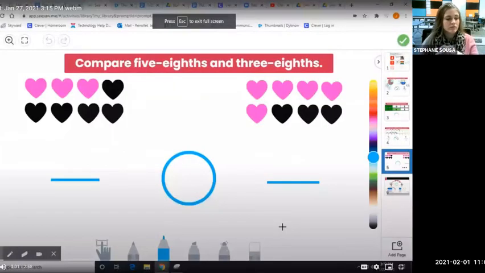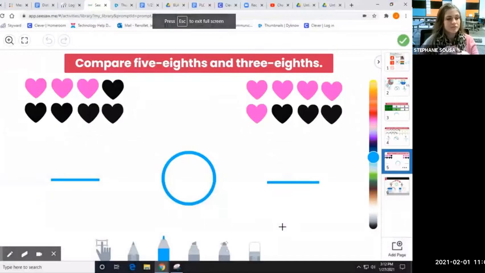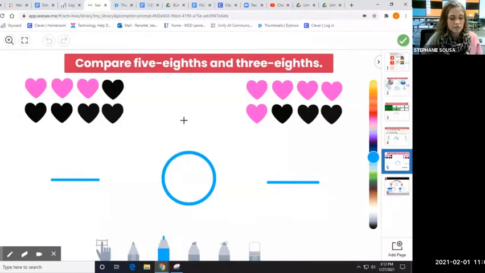When we compare fractions with the same denominator, we want to make sure that we are representing the fractions using two models that are the same size. It's very important that your whole is equal to each other. So take a look at this example.